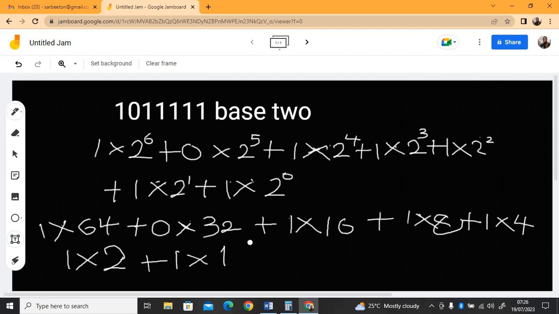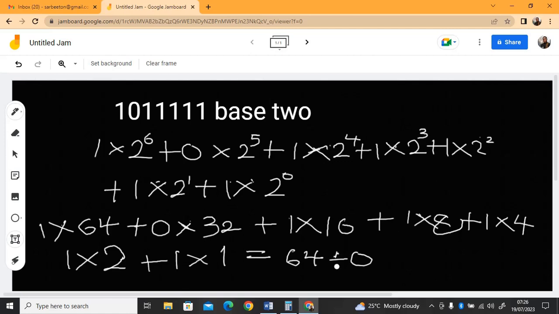Now let's add all of them together and see what we get. 1 times 64 is 64, right? 0 times 32 is 0, because any number times 0 is 0. So we have 64 plus 0.